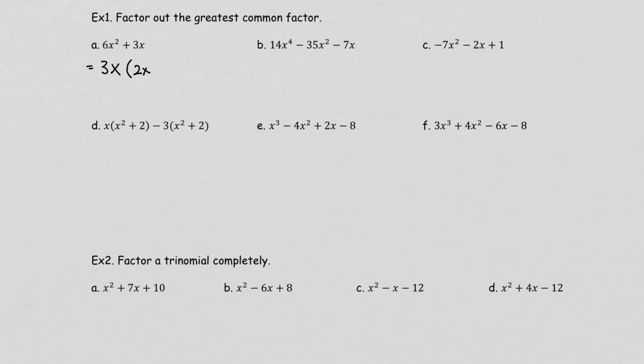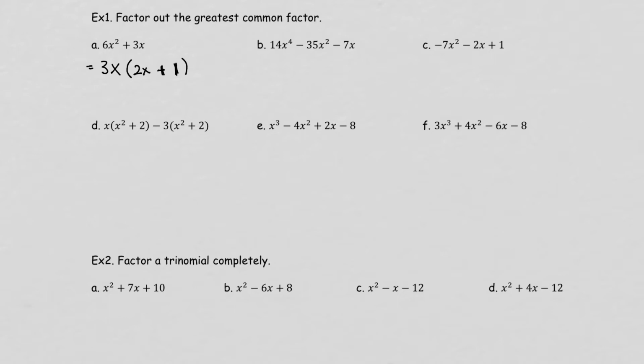The way to make sure you got the greatest common factor is to make sure that if you multiply these two, you get 6x squared back. Plus, if you factor 3x from 3x, you only have 1 remaining. If nothing remains, you need to put 1 down because you need a placeholder.